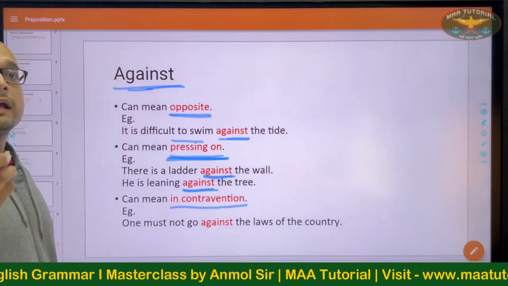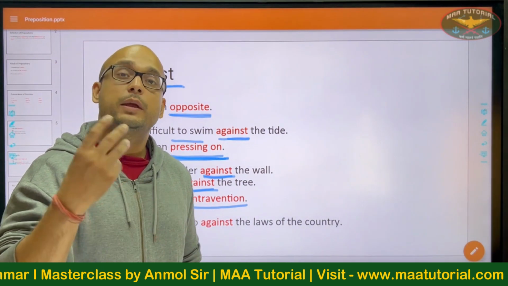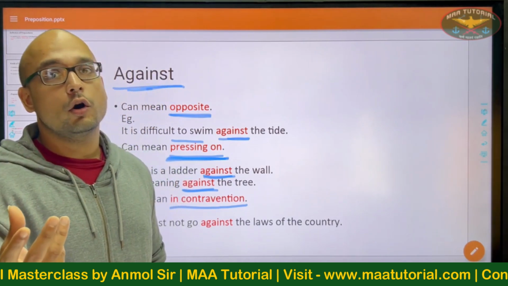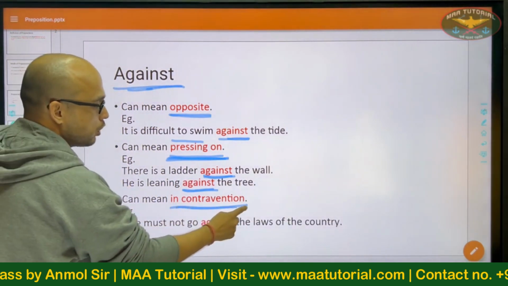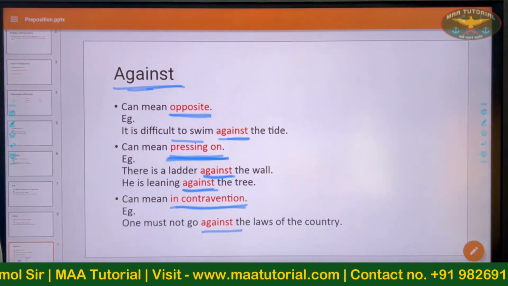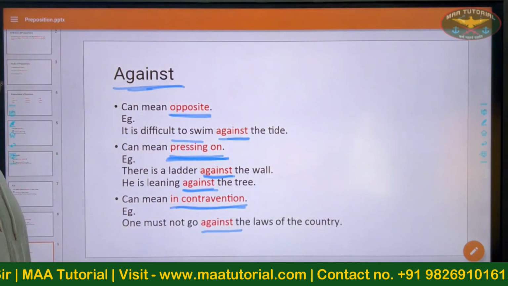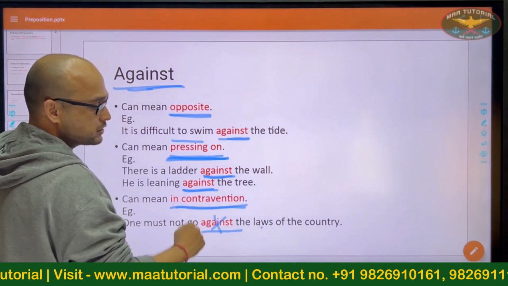For example, if you do something which is not in the law, then we say that you went against the law. There against is used as a preposition to mean contravention. One must not go against the laws of the country. That means one must not break the laws of the country.